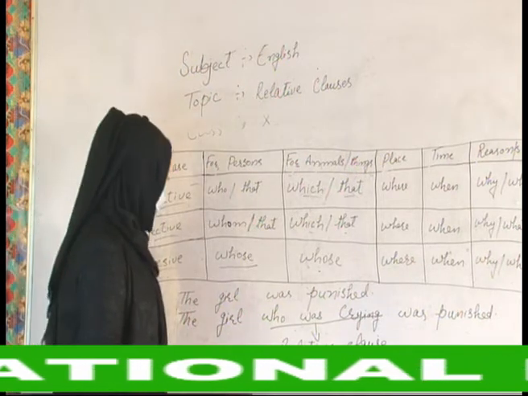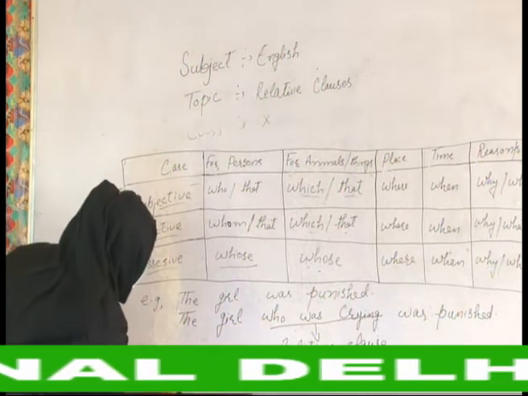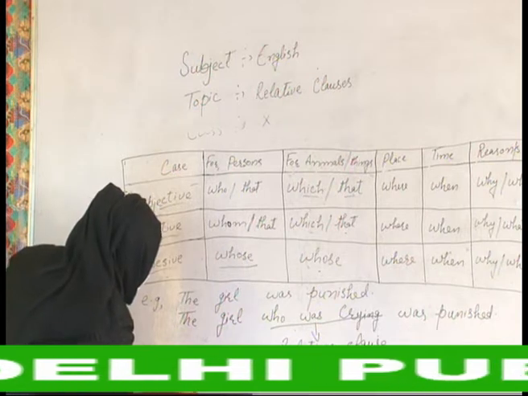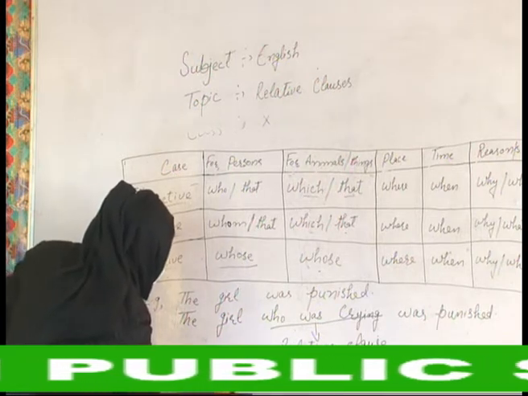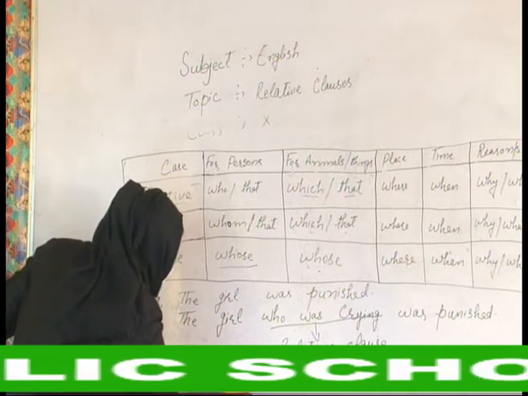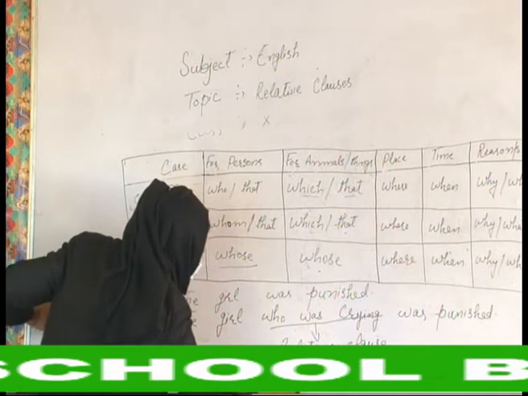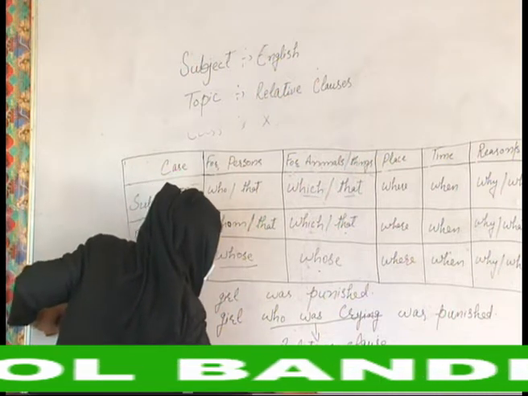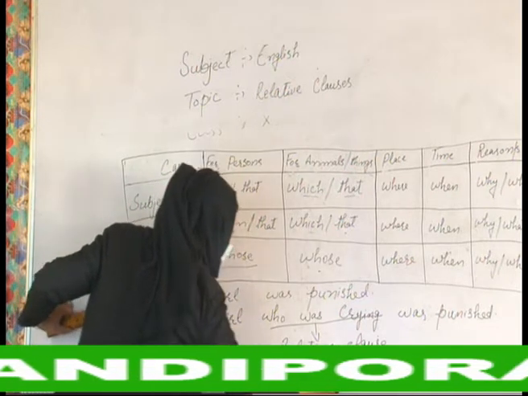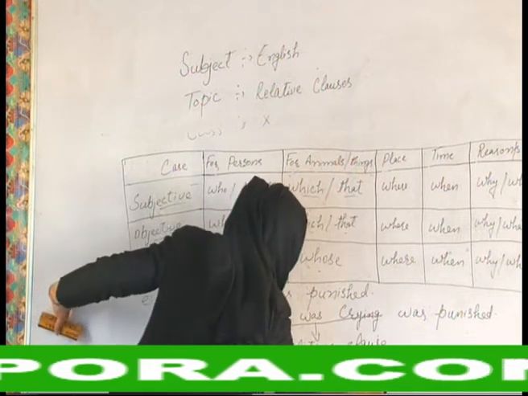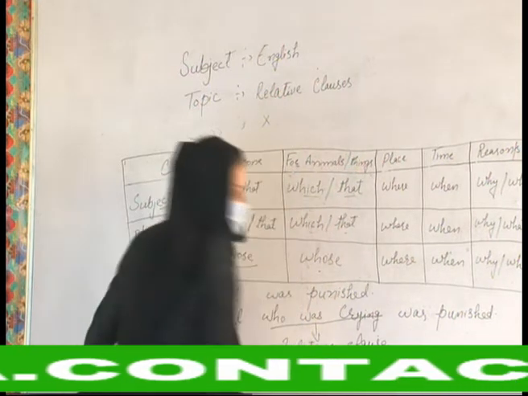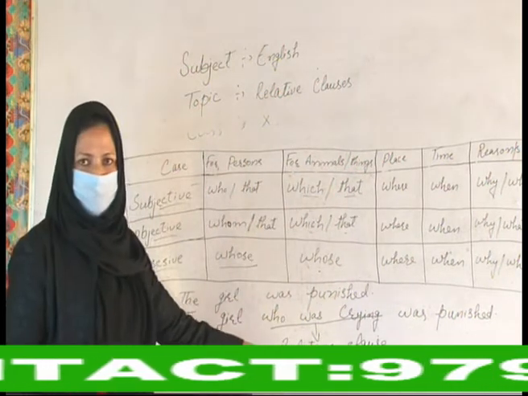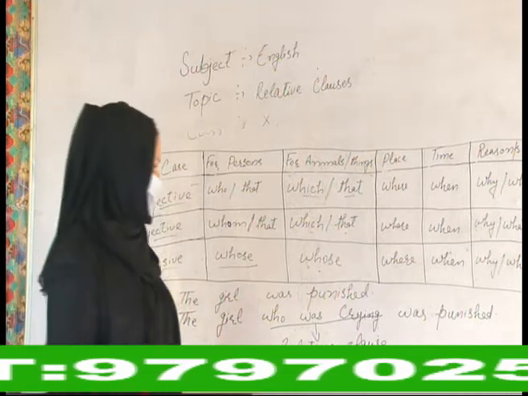Now let's see the second example, that is: the article is about a boy. The article is about a boy. Complete and meaningful sentence.